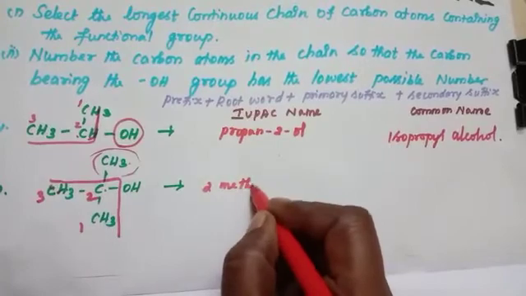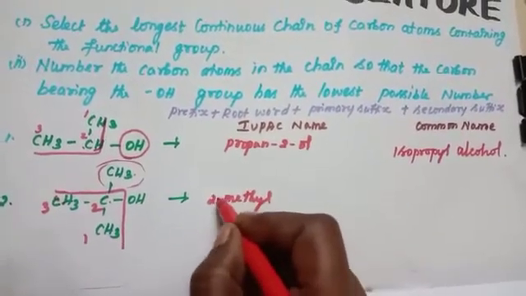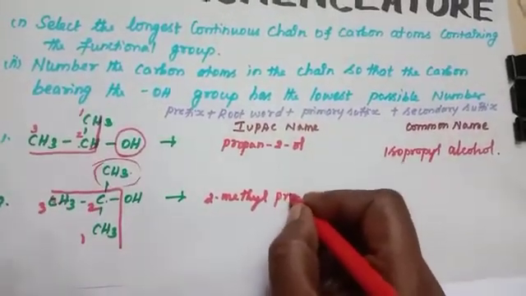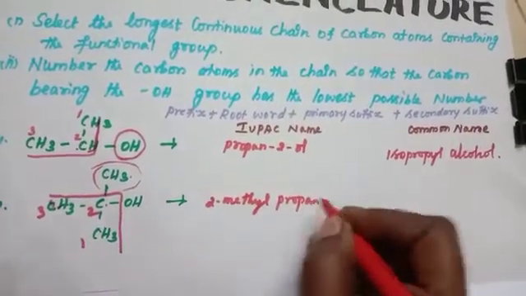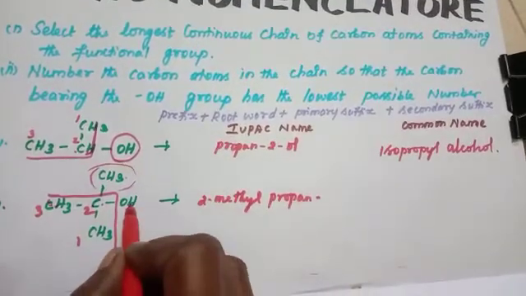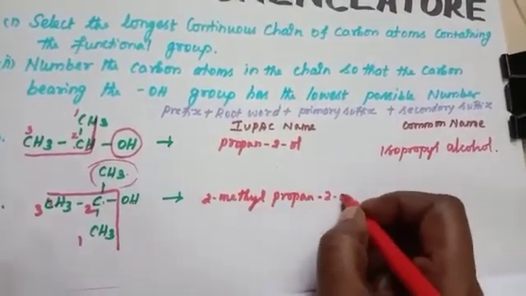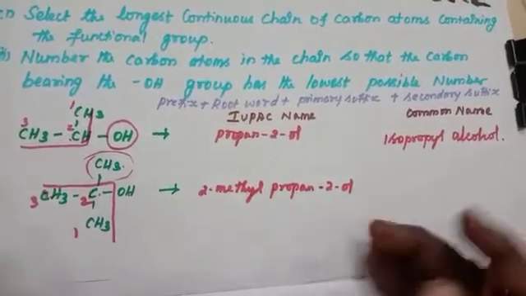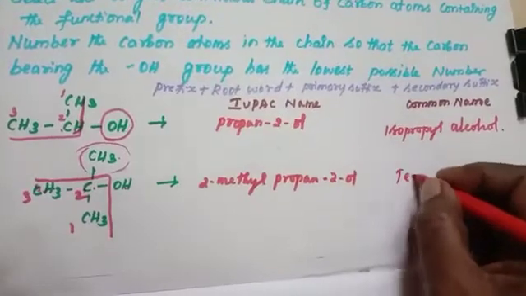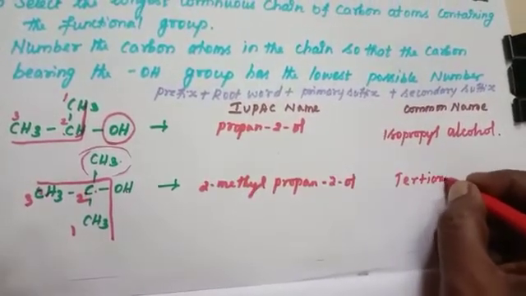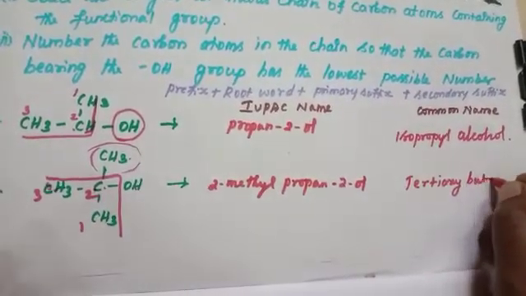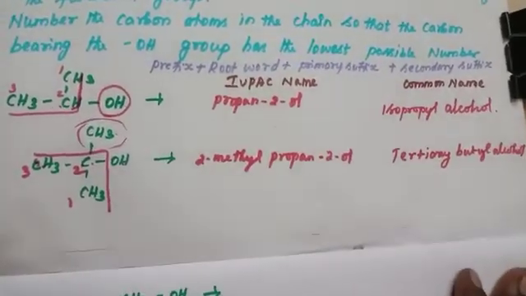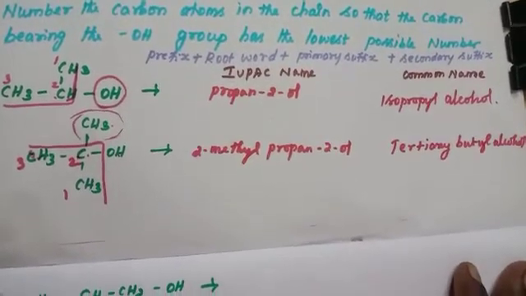Then the root word, 3 carbon atoms, so propane. In the second carbon, the OH group is attached. So 2-ol. This is the IUPAC name for this compound. Common name, tertiary butyl alcohol.